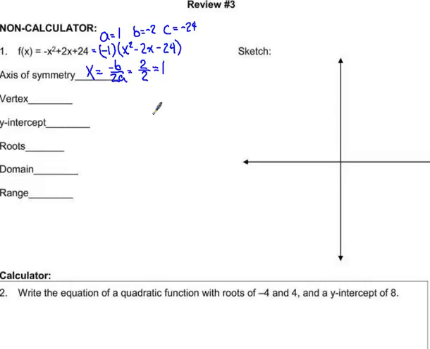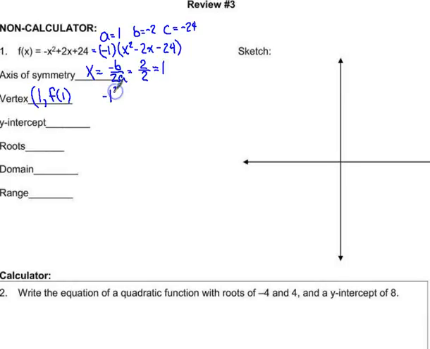All right. Now our vertex is our axis of symmetry x value, so that's 1. And in order to find the y value of our vertex, we take the function evaluated at our x value.